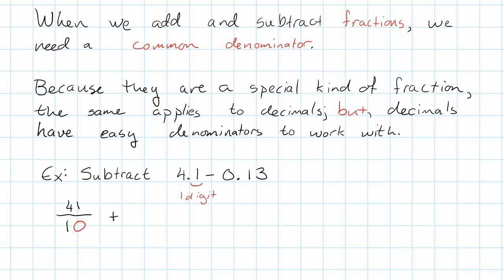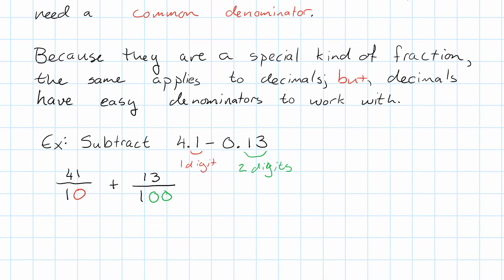In 0.13, the numerator is 13, and I see 2 digits after the decimal point, and so I want 2 zeros in the denominator. Okay, I see, of course, that these are different denominators. But it's easy to see what I could multiply 10 by in order to get 100.